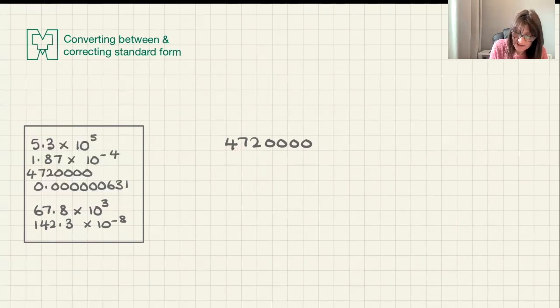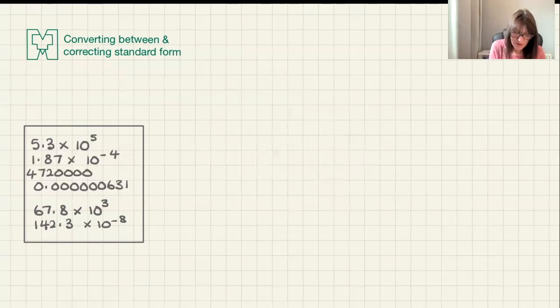So I'm going to count myself in. 1, 2, 3, 4, 5, 6. So it took me 6 movements. 4.72 times 10, and then it's a positive 6 because I've been working on a big number.